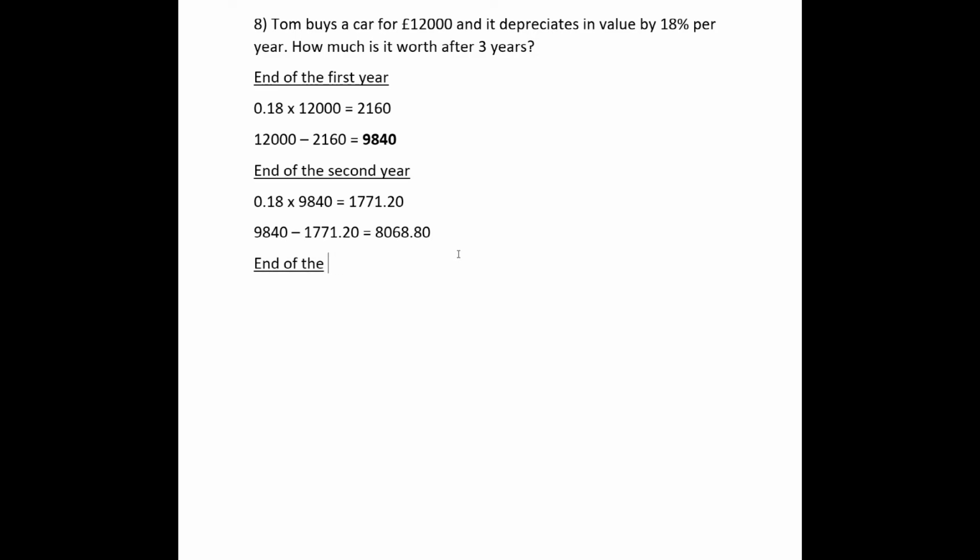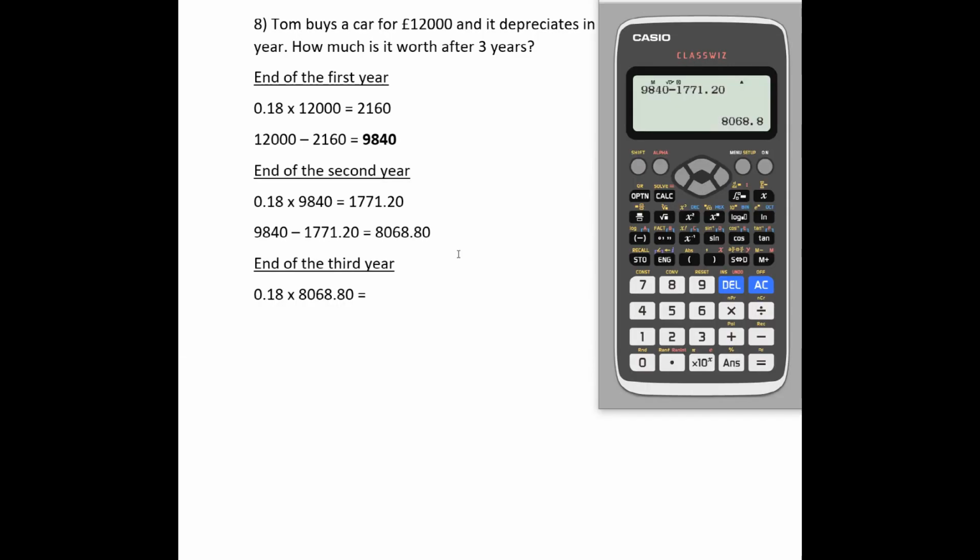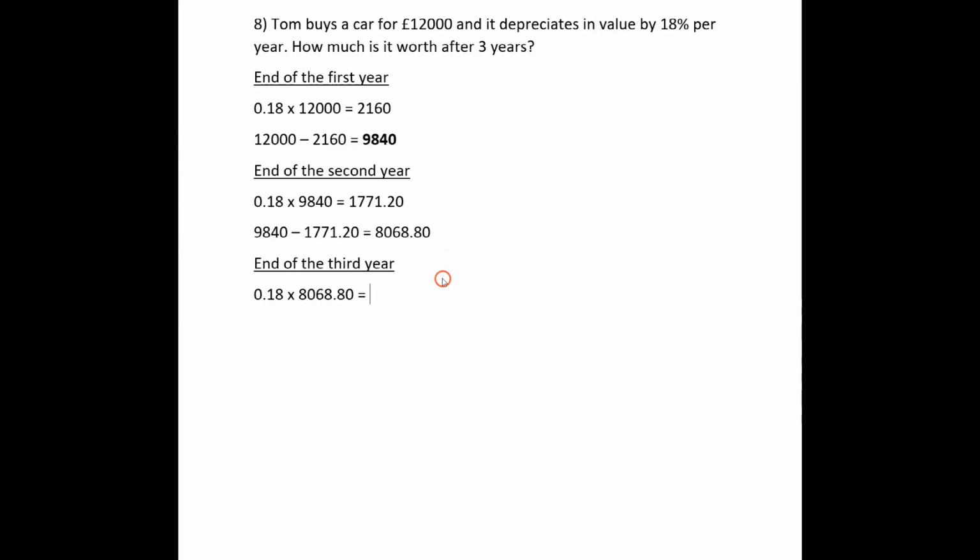And at the end of the third year, the car will have depreciated by, let's work this out, 8,068.80 times 0.18, which is 1452.384, and I'm only going to round at the end.